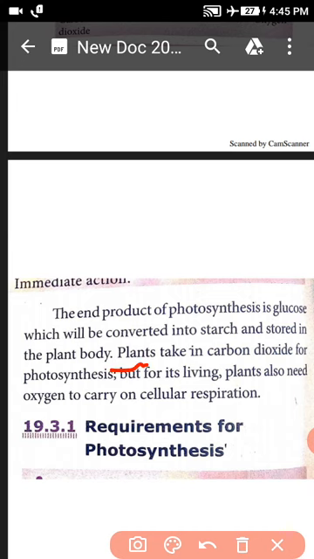Mostly plants take in carbon dioxide for photosynthesis in the daytime. But for living, plants also need oxygen. They carry on cellular respiration.